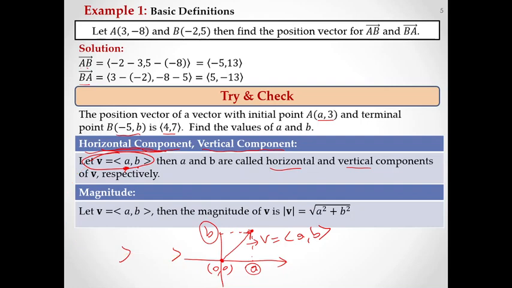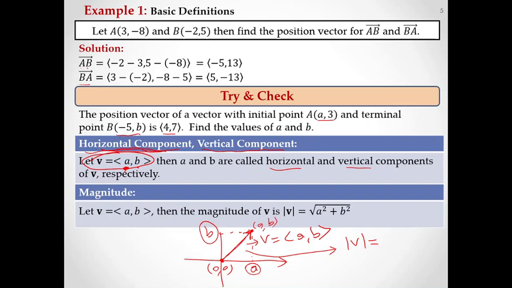Now the magnitude here will be the length of this arrow, which can be calculated by using this formula.